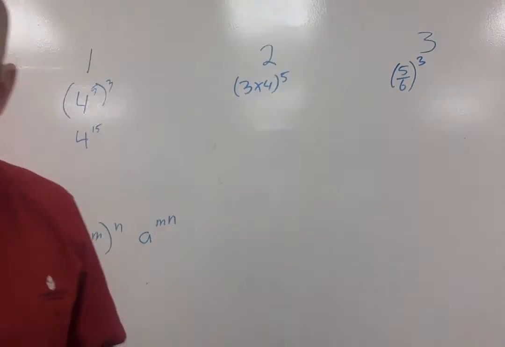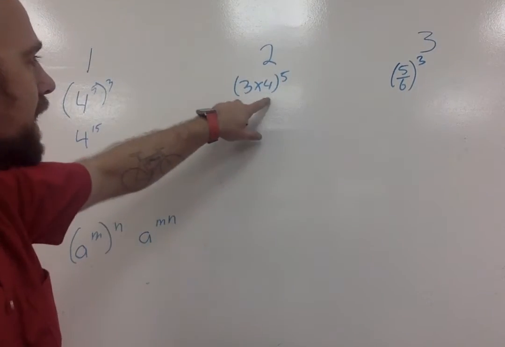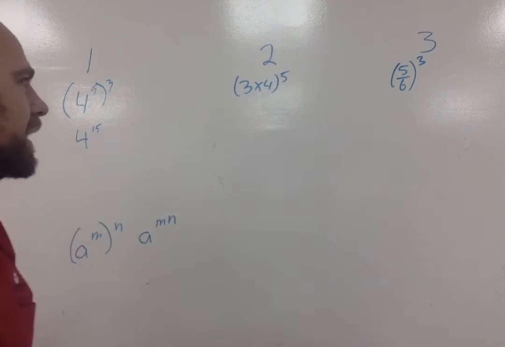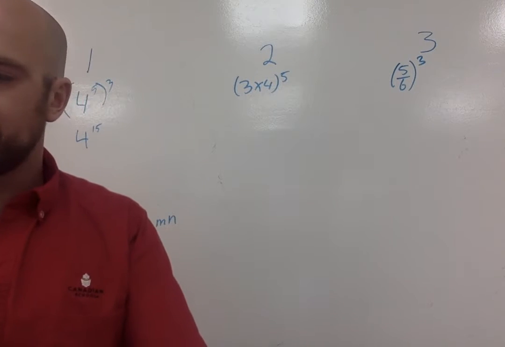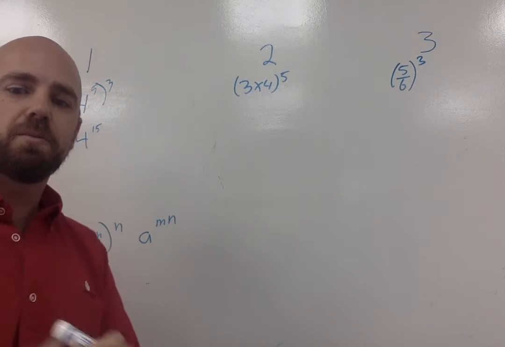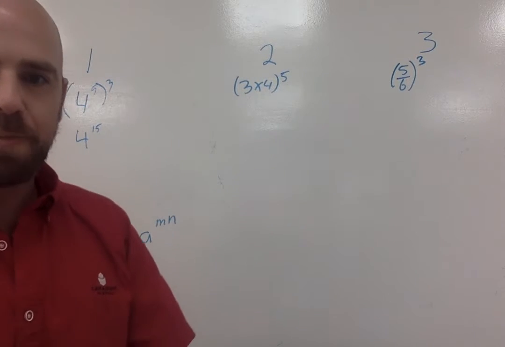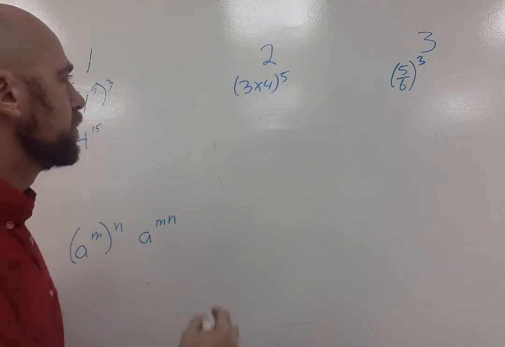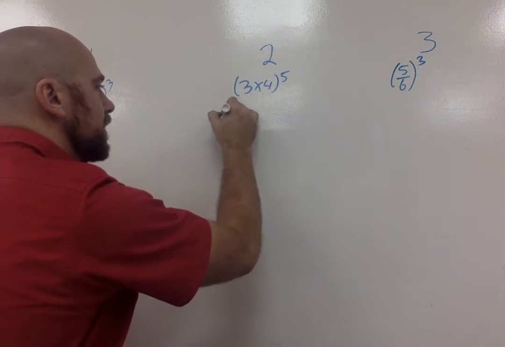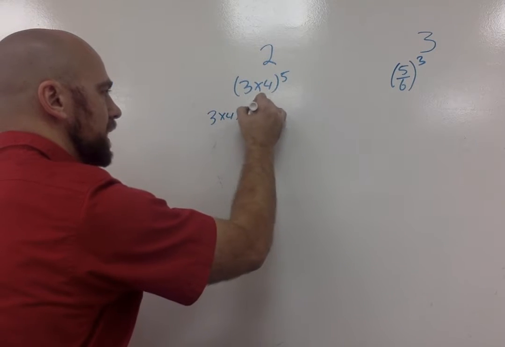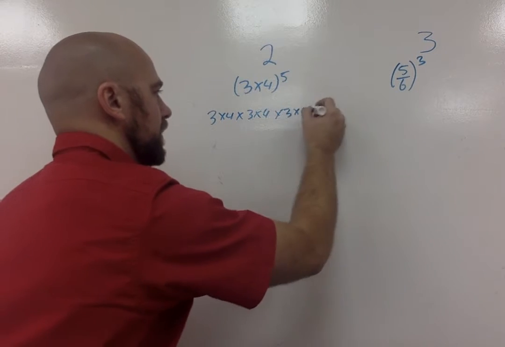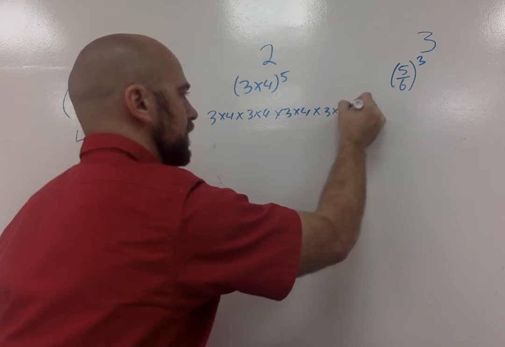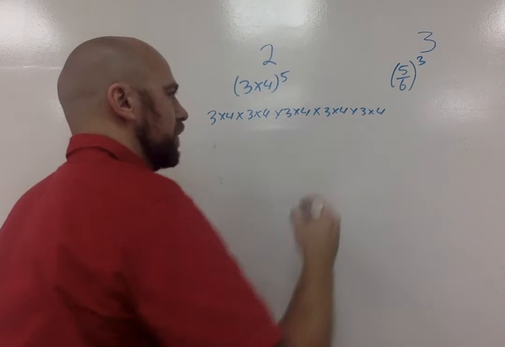If we move on to our second rule, here we have a product inside of our bracket. A lot of you are going to think, well, we should multiply it first. But what's actually going on is we're saying 3 times 4 times 3 times 4 times 3 times 4 times 3 times 4 times 3 times 4.